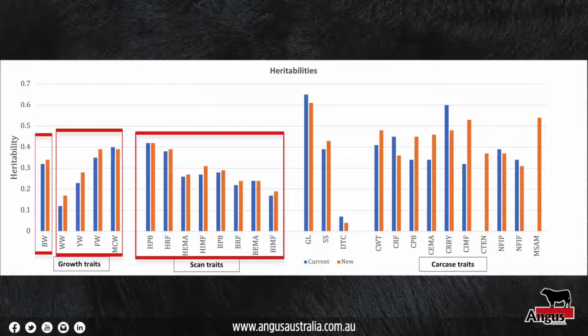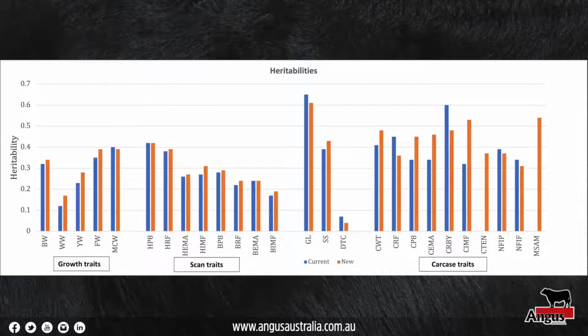The major changes start to occur over on the right-hand side of the graph here. First of all, on days to calving, which already had a very low heritability, it now has an even lower heritability. The effect we see on breeding values is that the spread, particularly in the EBVs, will shrink a little bit, so there won't be as much variation. And that then flows through to the actual selection index values which are calculated for animals.